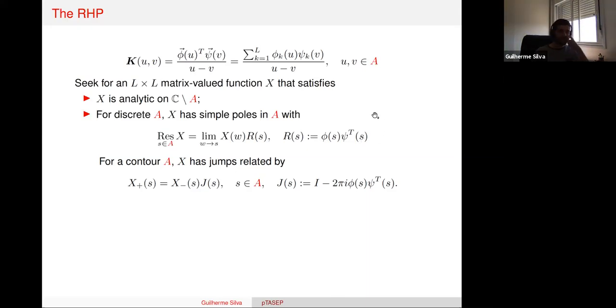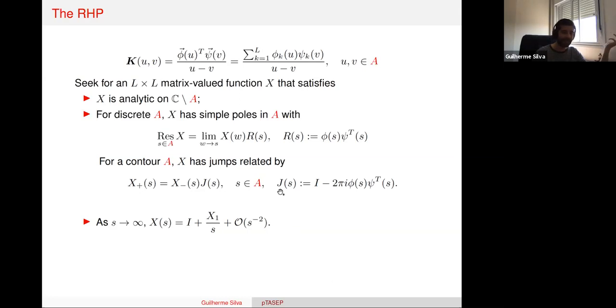So what I'm saying is you look at an analytic function, analytic off the set where your operator is acting, which has either residue conditions or jump conditions on this underlying set A, and finally you also normalize this function X to look like identity at infinity, perhaps with a residue term which is going to be relevant for us, plus some smaller order term, when S goes to infinity.